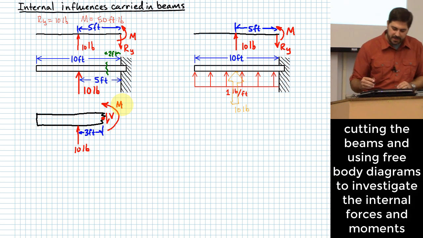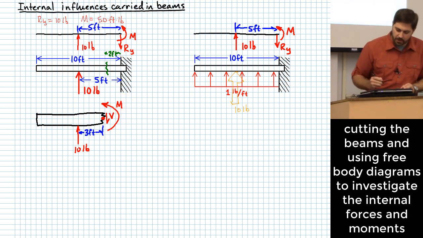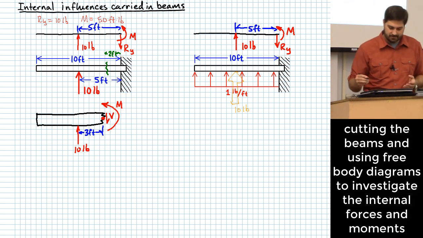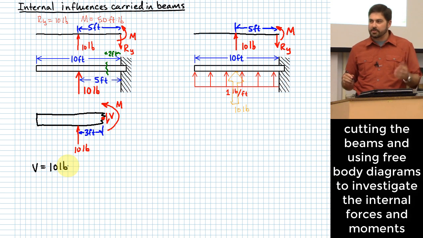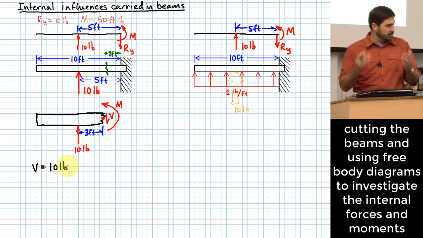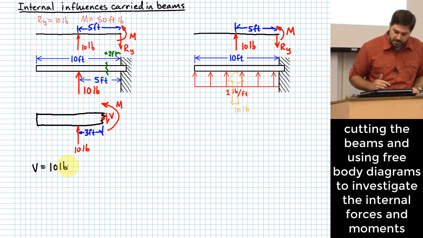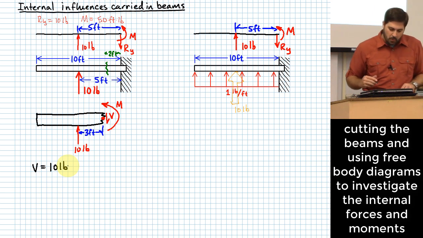What do you think the value of V is going to be based on a sum of forces in the vertical direction? V is just going to be equal to 10 pounds because it sort of has to be, right? It's the only other thing acting in the vertical direction, so it's reacting against that 10 pounds that's being applied. So that part's easy. What about M?